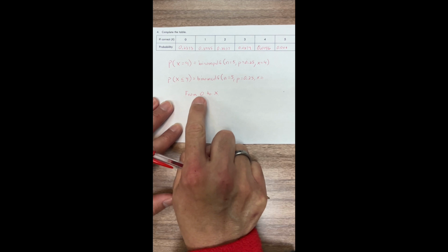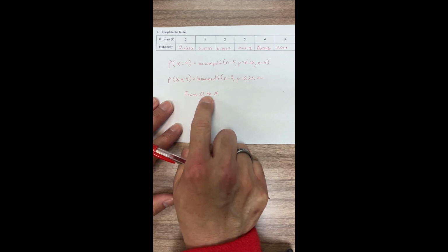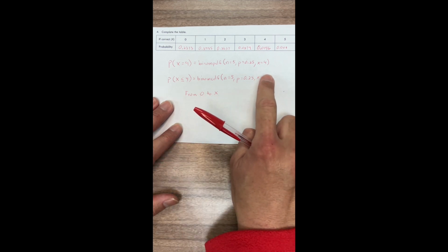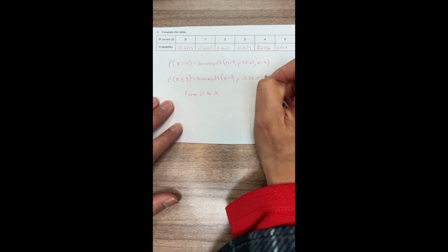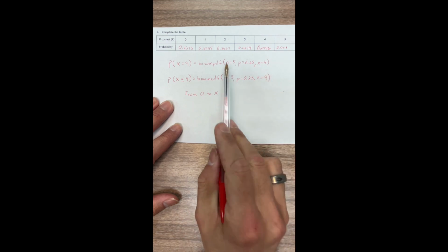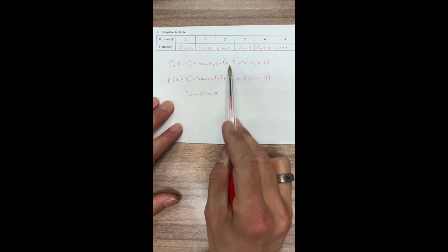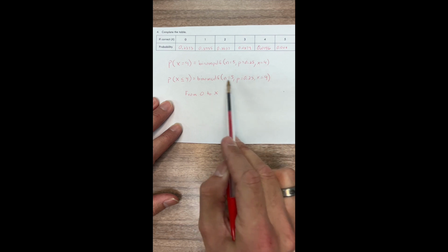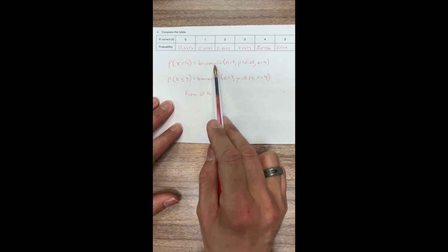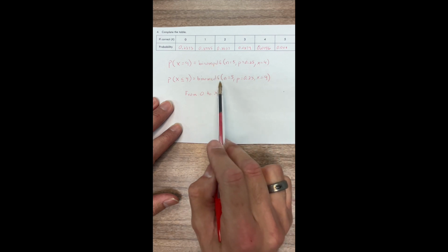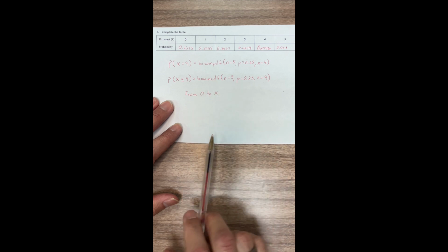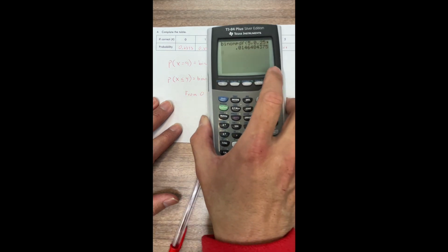I want the calculator to add from 0 to 4, so I put 4 right here. Notice the setup is very, very similar for PDF and CDF, so we always have to be careful when we choose one of these. But this CDF is adding from 0 to X equals 4.